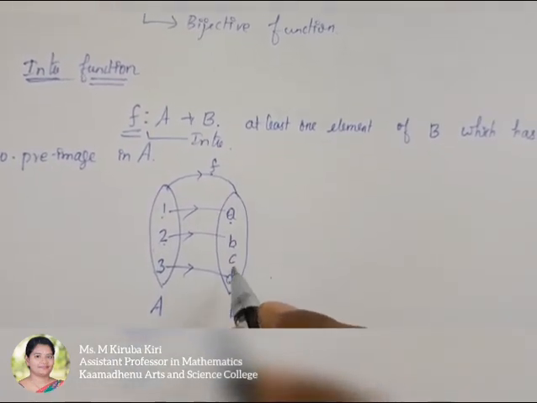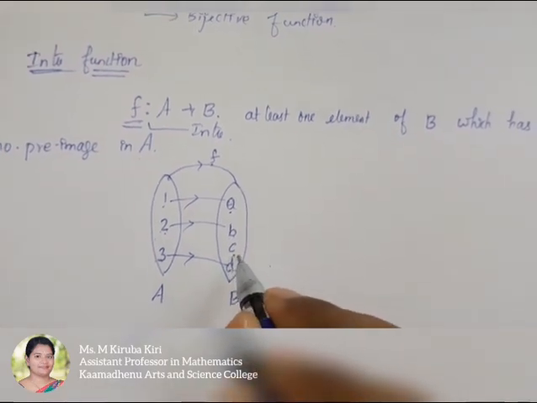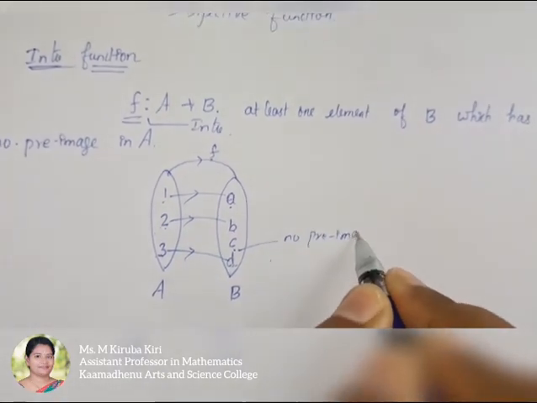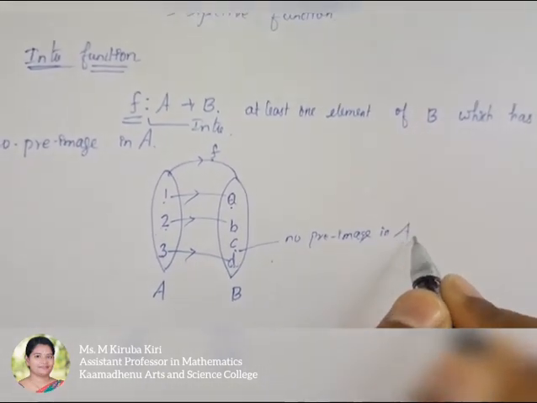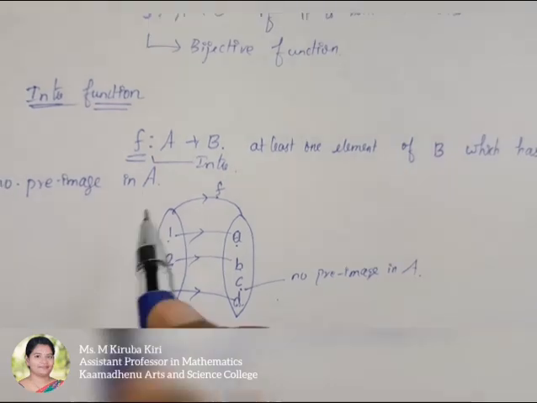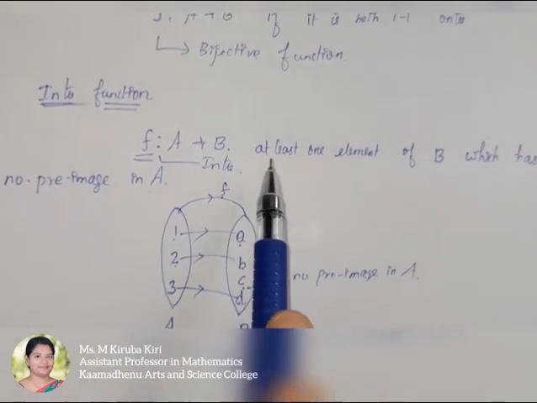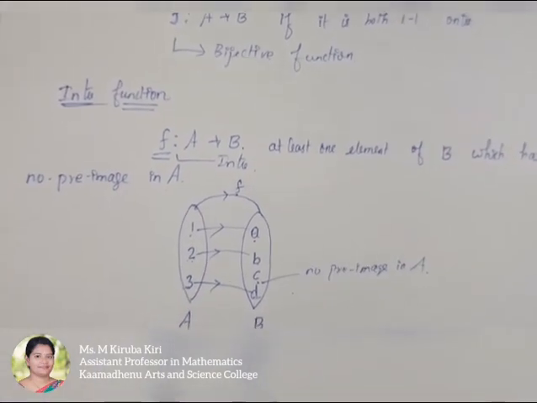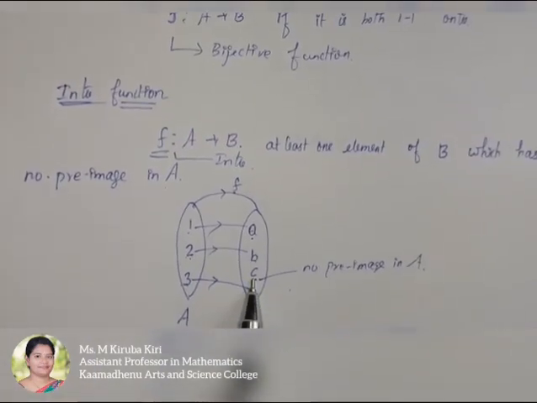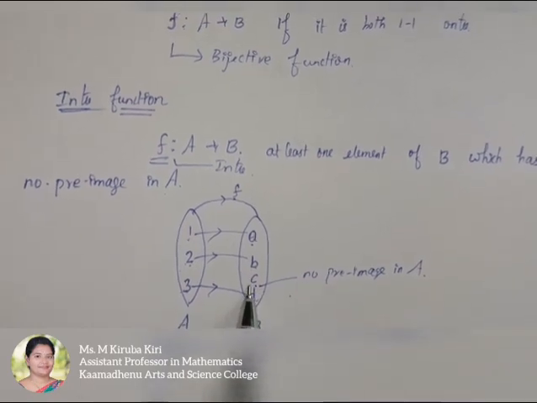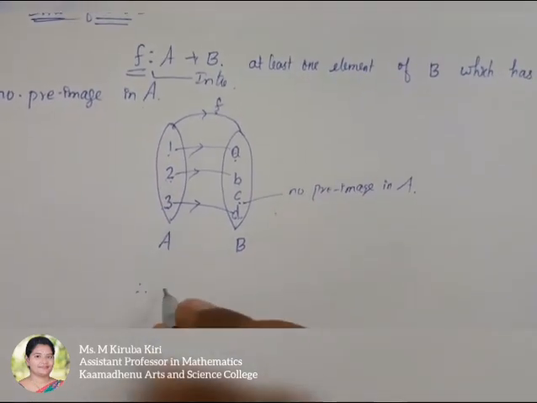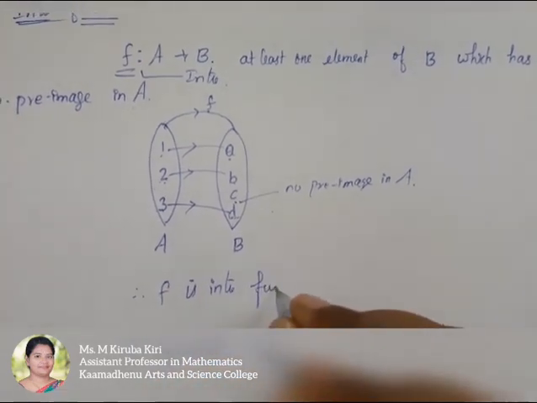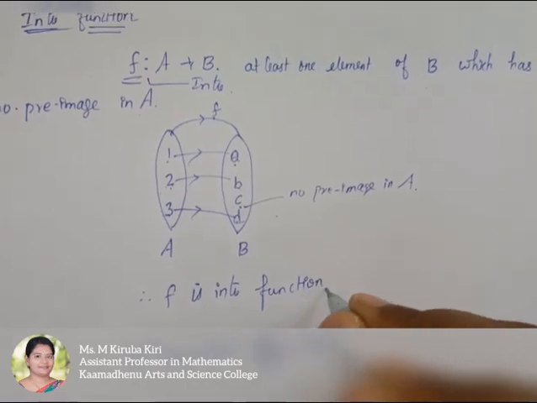Here c is the element of B which has no preimage in A. Therefore, this function satisfies the condition that at least one element of B has no preimage in A, isn't it? c is an element of B which has no preimage in A. Therefore, f is an into function.